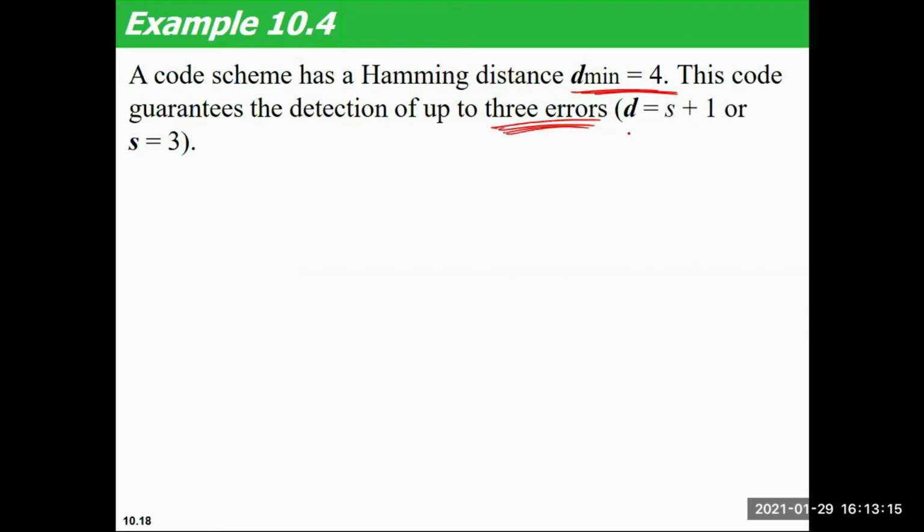The formula for these values is d equal to s plus 1, where d is the Hamming distance and s is the number of guaranteed bit errors which you can detect. After detecting, you can say whether there is any error or not in the signal. You can't detect the proper location through this method.